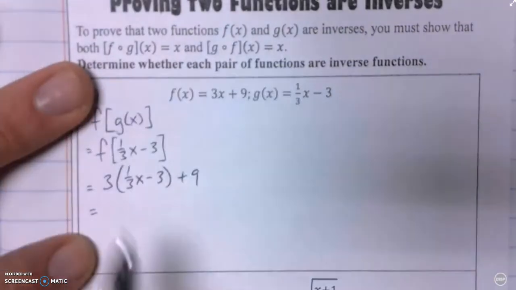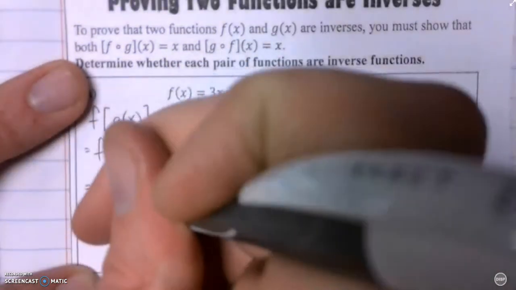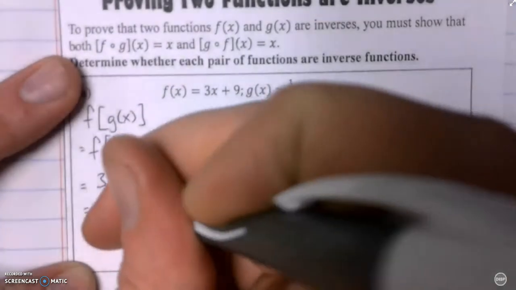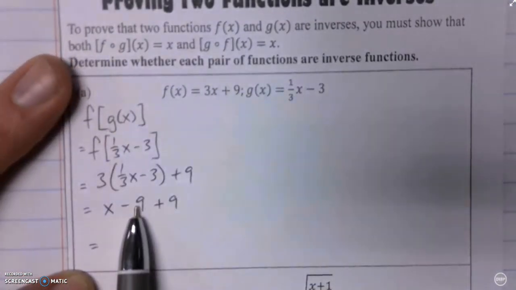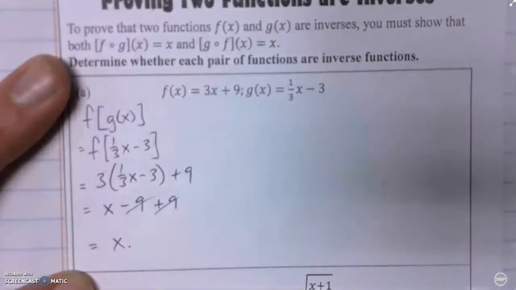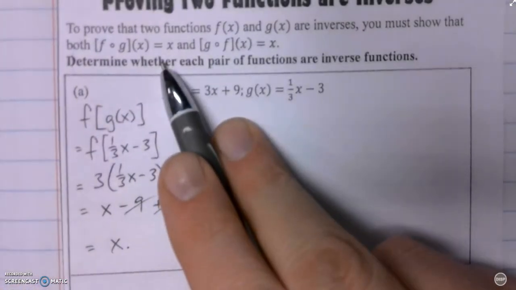If I distribute the 3 through, 3 times 1/3 is just 1, so it's x minus 9. And then don't forget this plus 9 here. And the good news is that x minus 9 plus 9 is just x. So we got one of the things we need to be true that we've shown.